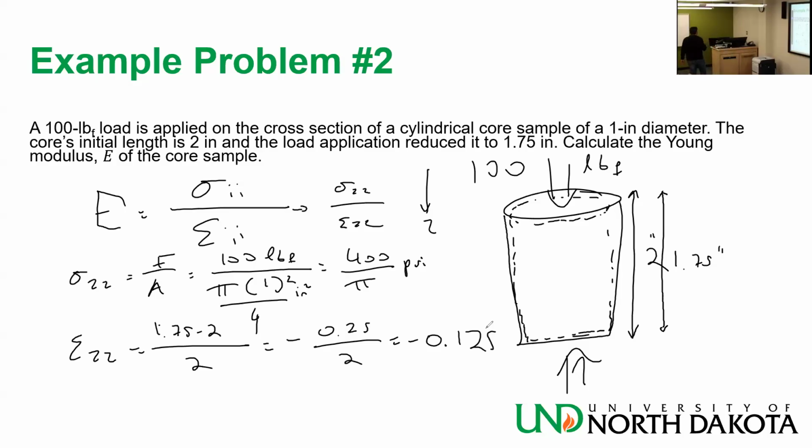So those two have the same sign ultimately, and it's better to do plus and plus. Anyway, Young's modulus is basically 400 divided by pi divided by 0.125.